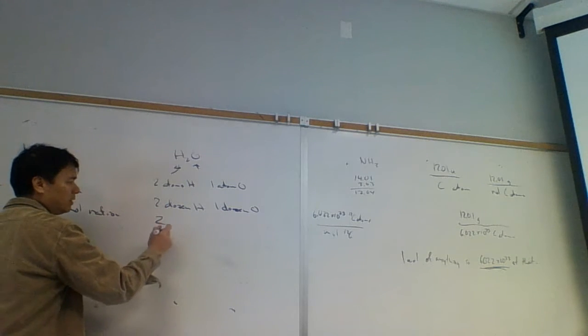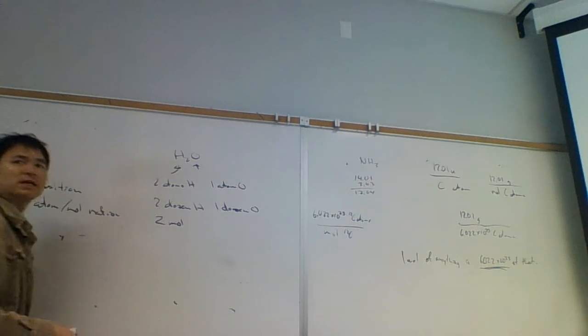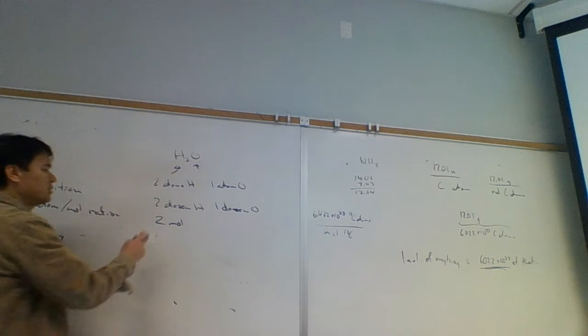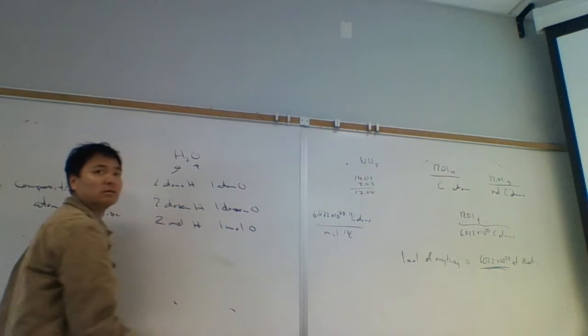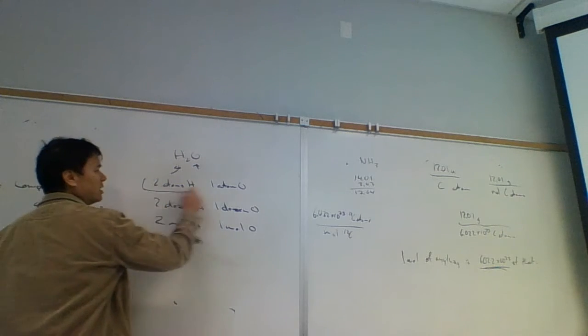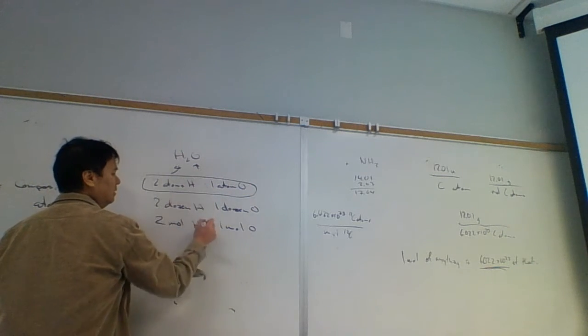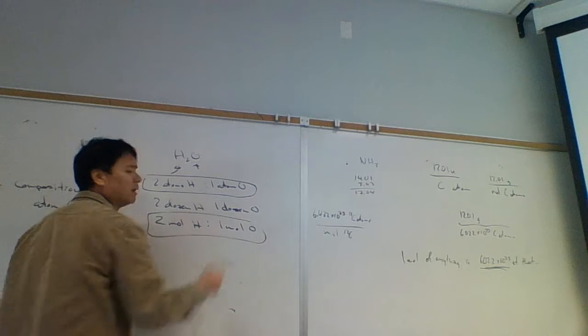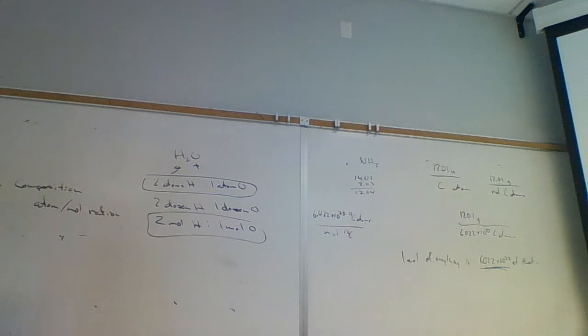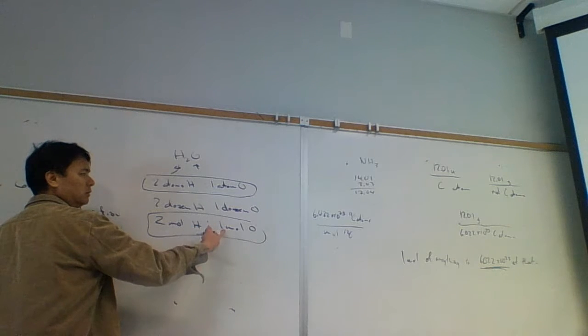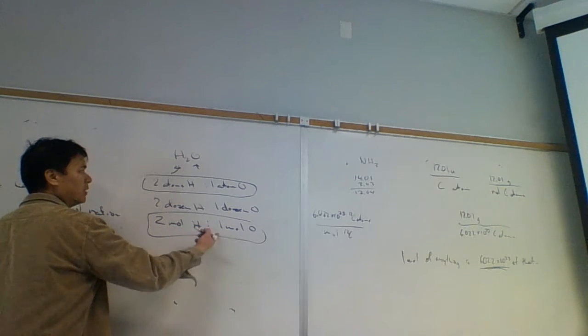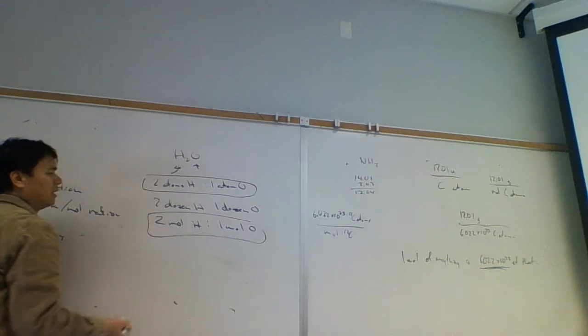Dozen is too small. We want moles. Moles is big. And so it could be 2 moles of hydrogen for every 1 mole of oxygen. And so we're most likely interested in the top and the bottom ratio. This is why we call it an atom or mole ratio, because these are the most useful for us.